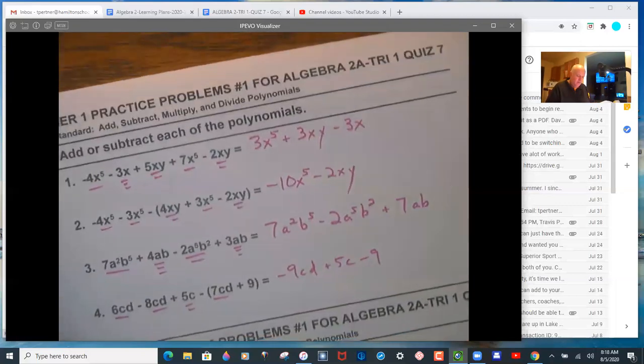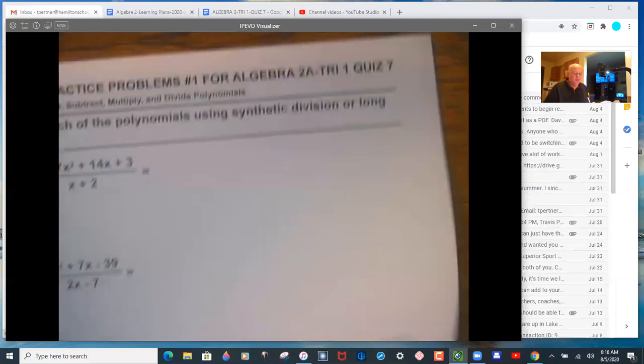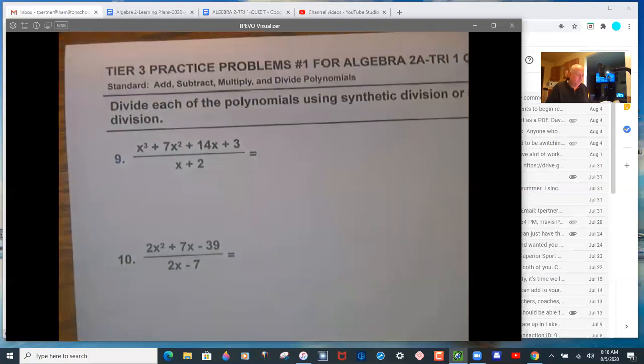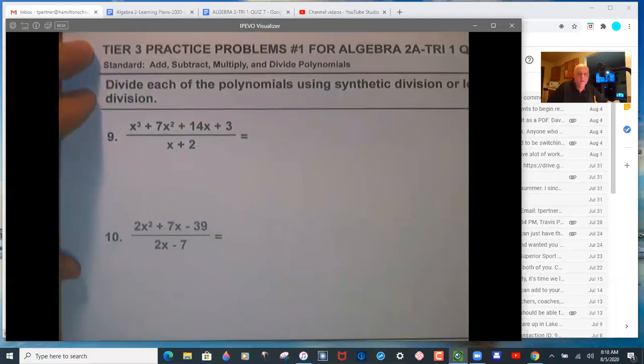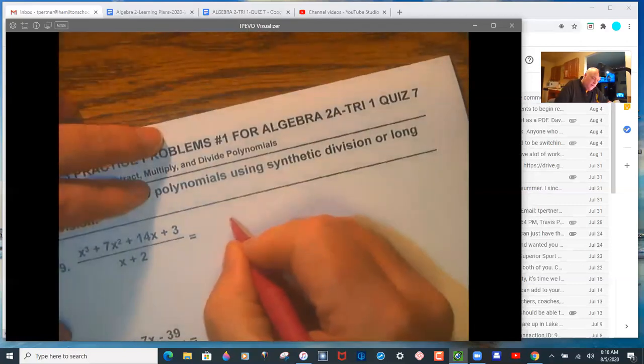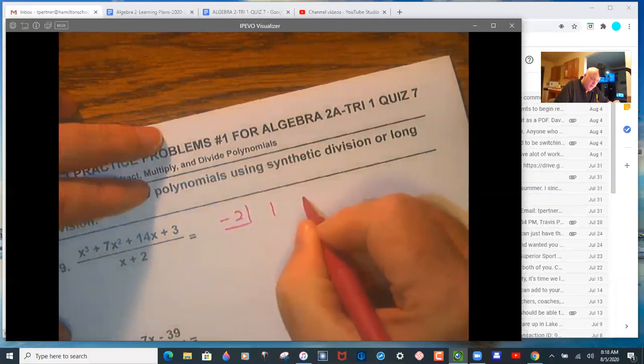All right, so multiplying, not too bad. Just take your time in combining those like terms. Again, the multiplying seems to be done better than the adding and subtracting. So on 9 and 10, you can synthetically divide on number 9, which is always nice because it's a lot quicker.